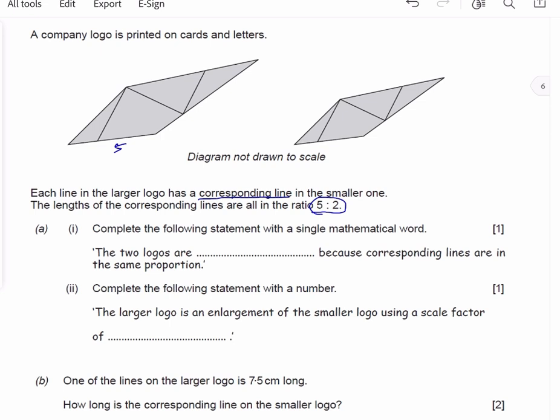So when we're comparing two shapes, and you can see one is enlarged, we need to have a scale factor. So here we have ratio 5:2. It's better if we show them in the form 1:n or n:1. That will help you to compare them better. Just like we had in the previous question, the scale was 1:50 then.